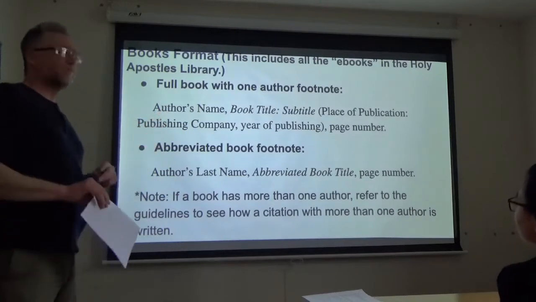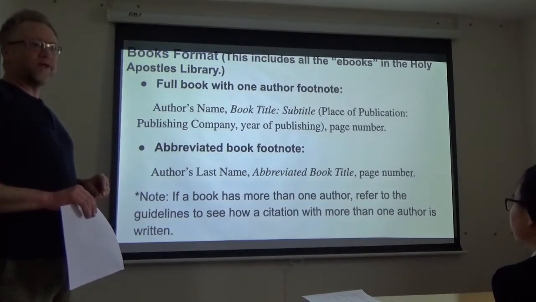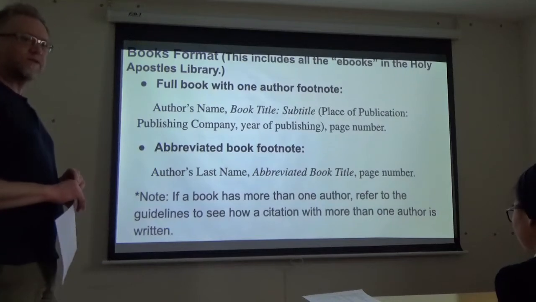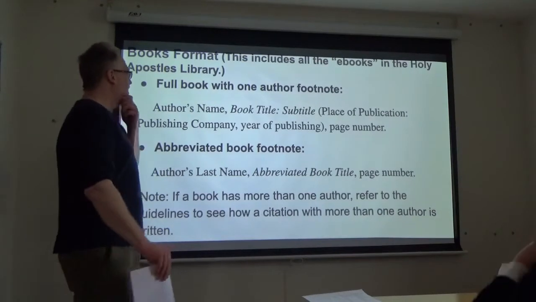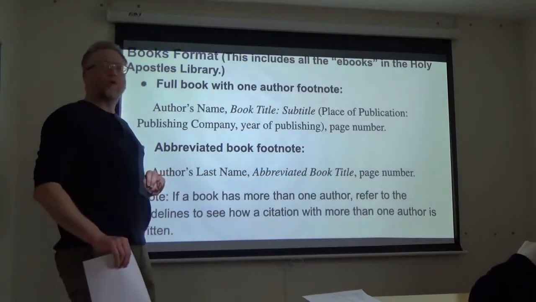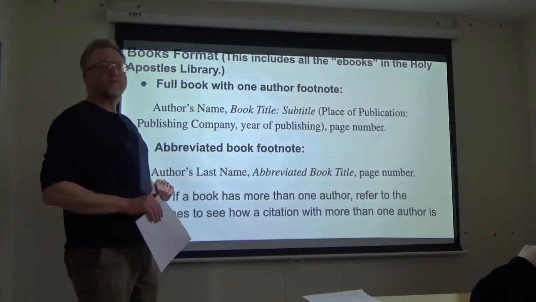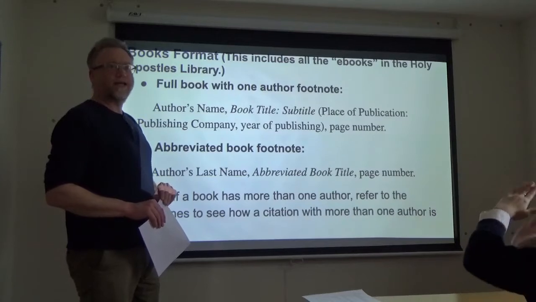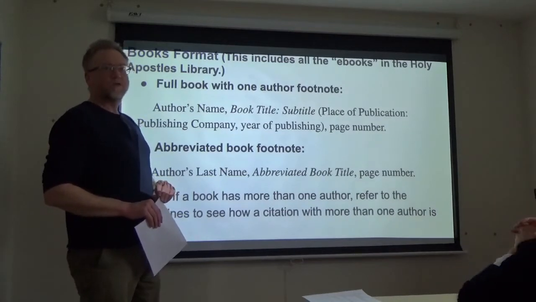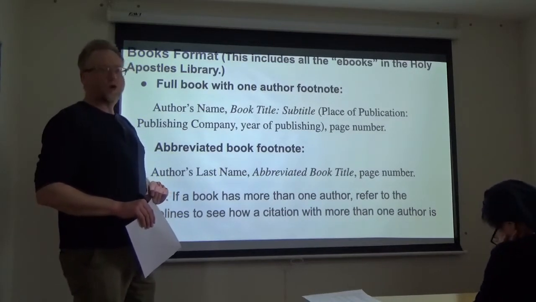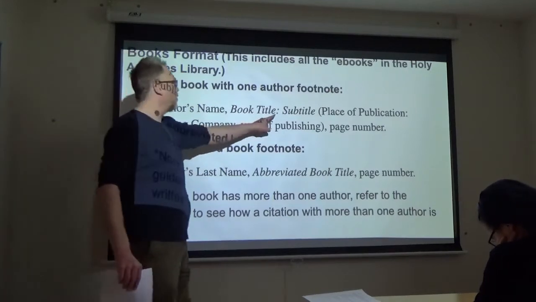So let's try it again. What's the first thing? Author's name. And what's the second thing? Comma. There we go. And then what's the next thing? Book title. And then what? No comma. Colon. Then you have the colon.